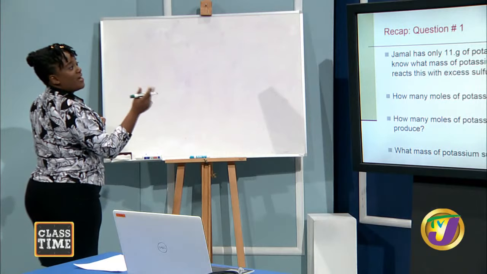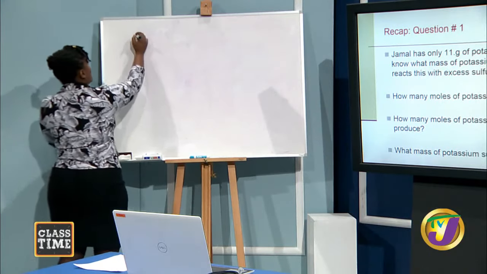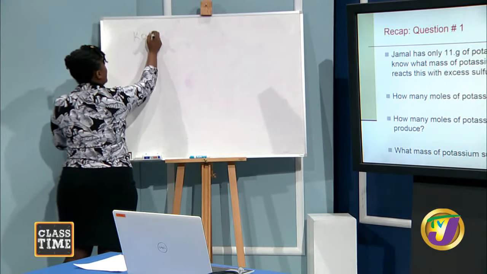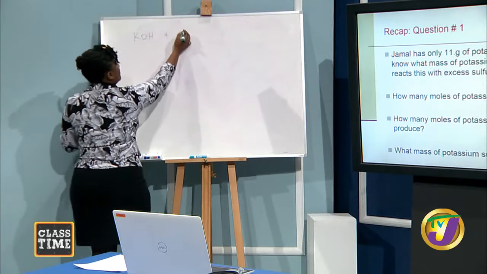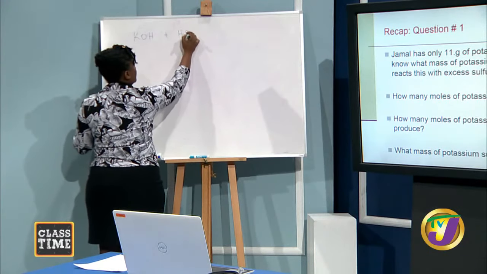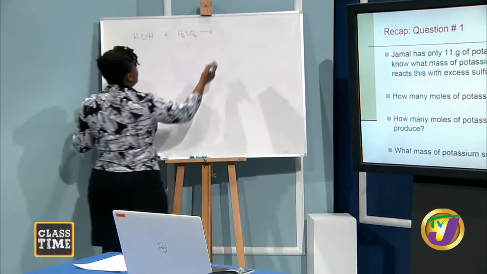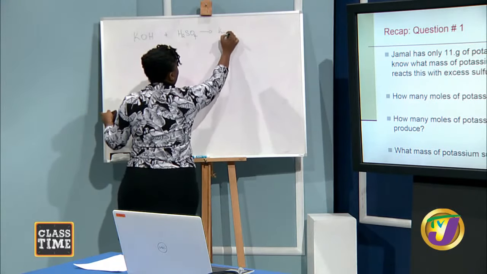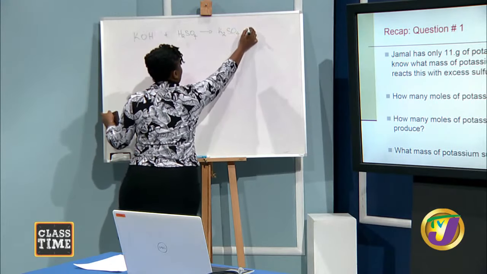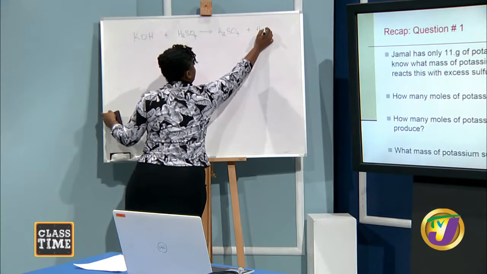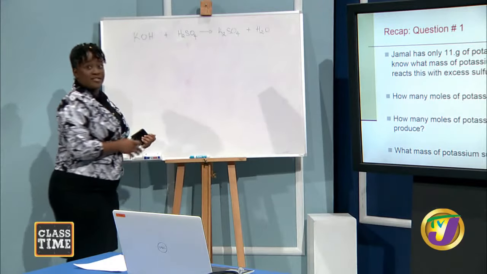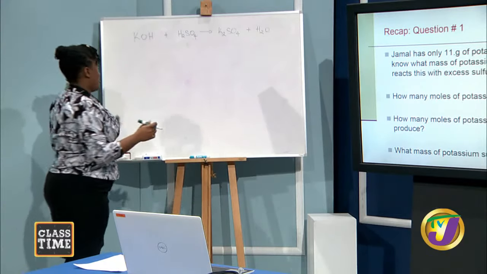So we have potassium hydroxide reacting with sulfuric acid to give us potassium sulfate and water. And we know the next thing to do is to balance the equation.